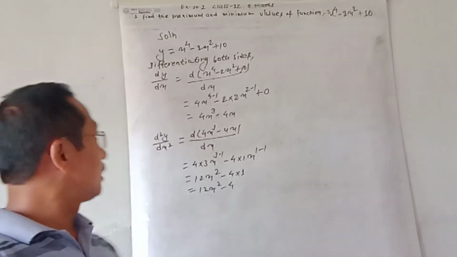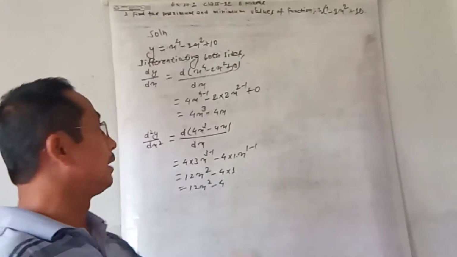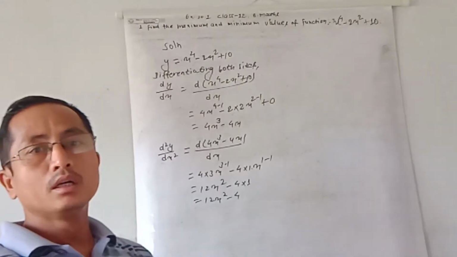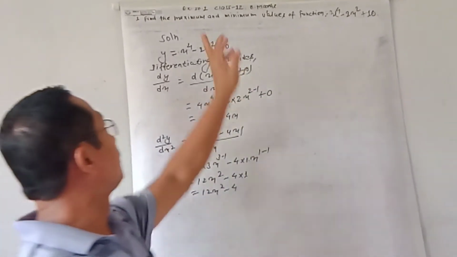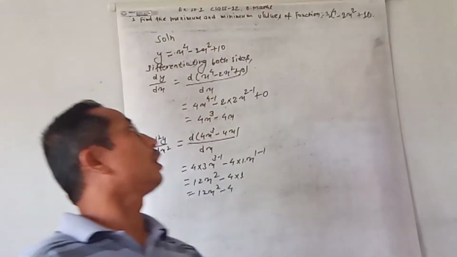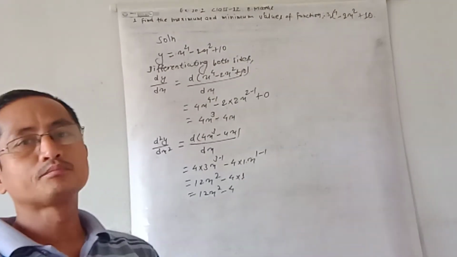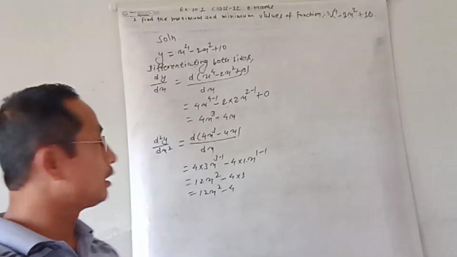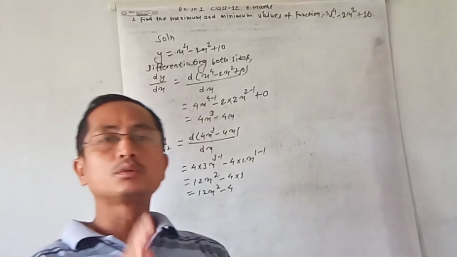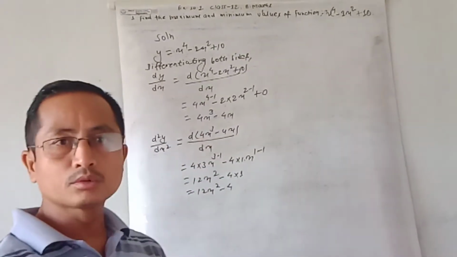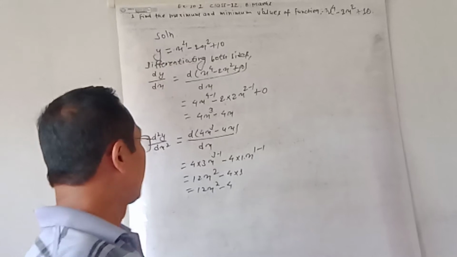After finding the first derivative and second derivative, in order to find the maximum and minimum value of the given function, we have to set the first derivative equal to 0 and solve for x.